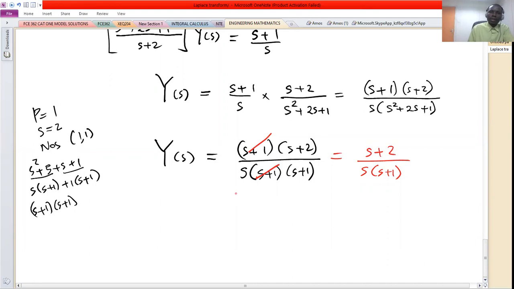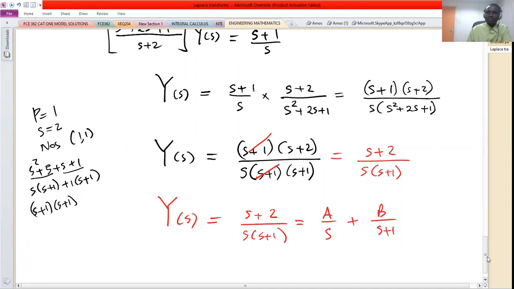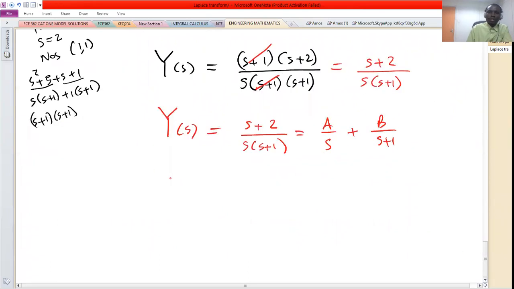And then this one here, you use partial fractions. So we'll have capital Y of s is given by s plus 2 over s into s plus 1. And then we split this one using partial fractions as A over s plus B over s plus 1. So that the right hand side will have s plus 2 over s into s plus 1 equals A into s plus 1 plus Bs over s into s plus 1.